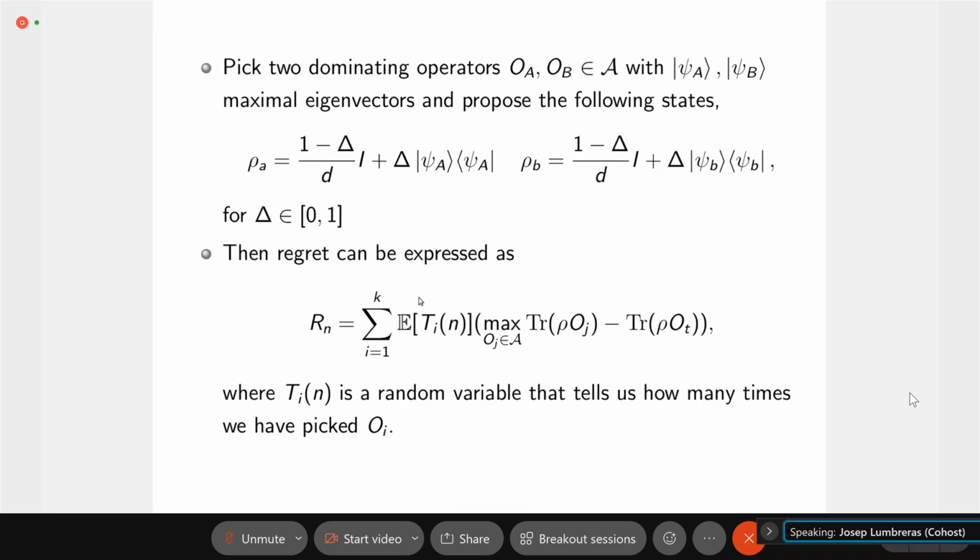So this first term tells us the expectation of the number of times that we have played observable i up to round n. And then this is the relative loss between the best action and the observable. Actually, this T should be an i. So it's the relative loss between the observable i and the best observable.